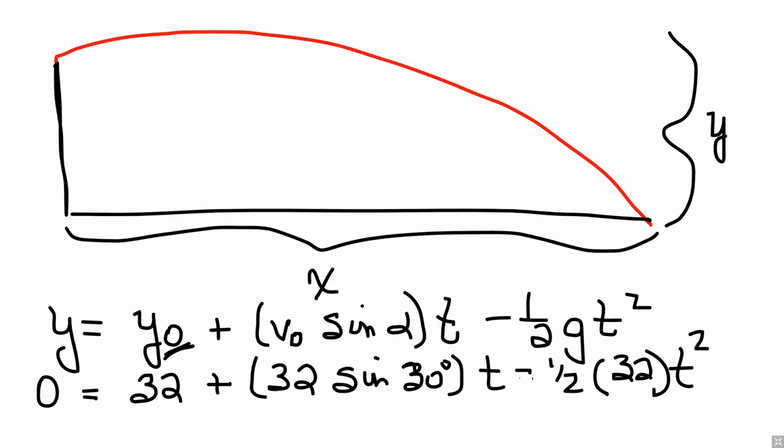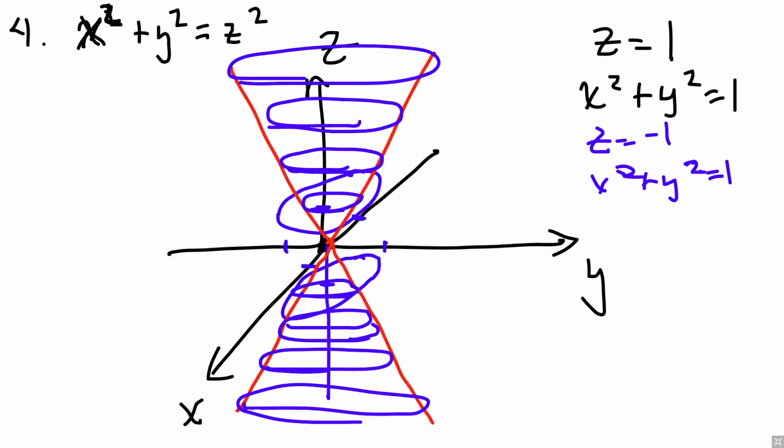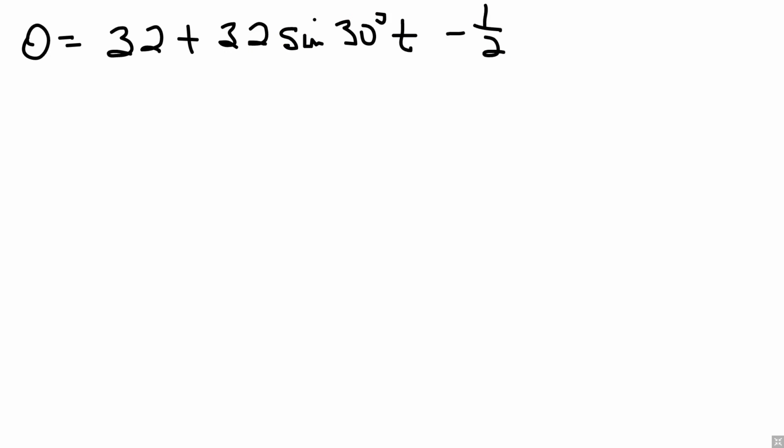So we have that 0 is equal to 32 plus 32 times the sine of 30 degrees times t minus 1/2 times 32 times t squared. So we're going to have 32 plus, well, what's the sine of 30 degrees?